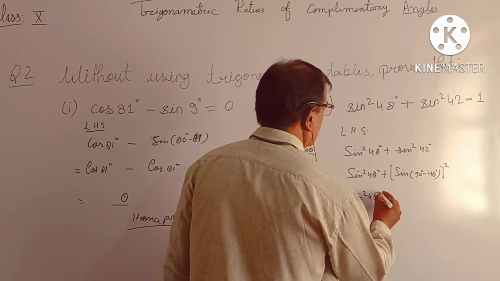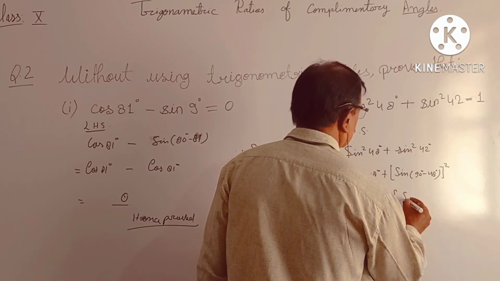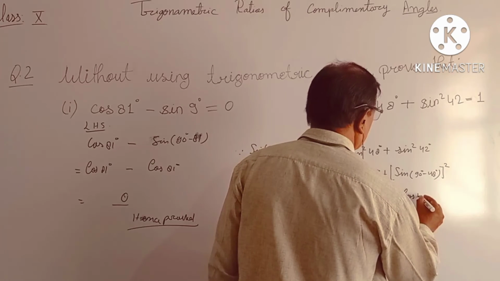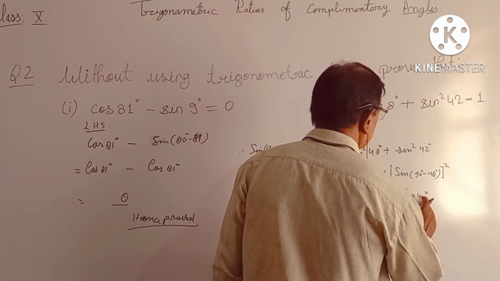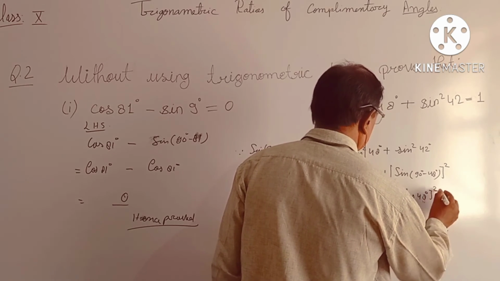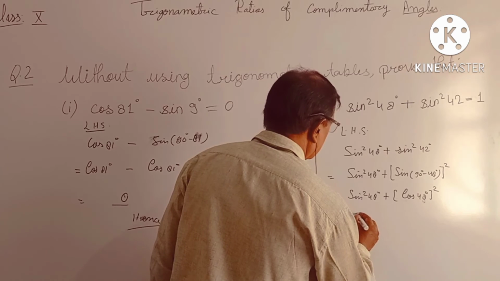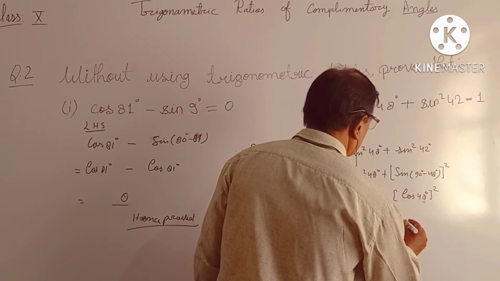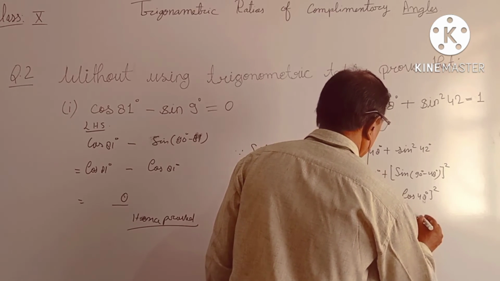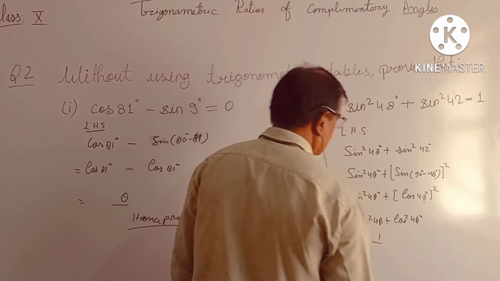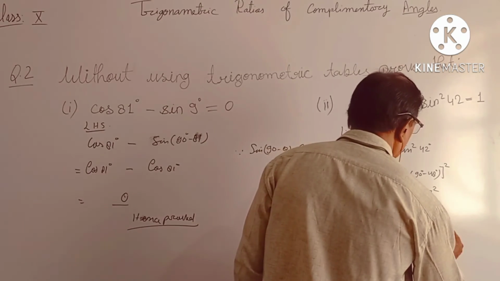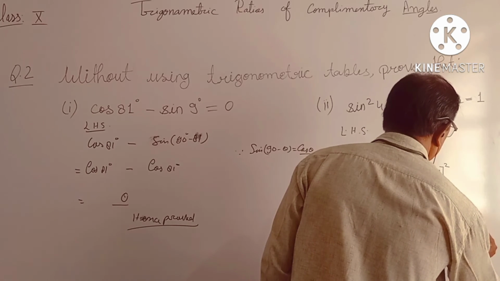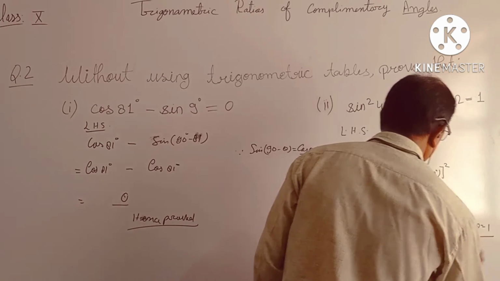Sin 90 minus theta equals cos theta, so it will be cos 48 degree whole square. Thus sin square 48 plus cos square 48 degree, its value is 1. As we know, sin square theta plus cos square theta equals 1.